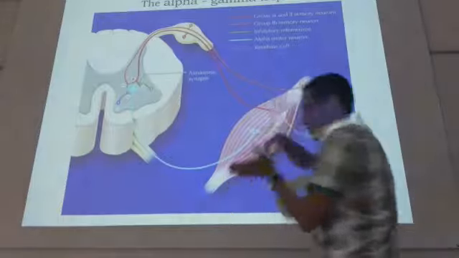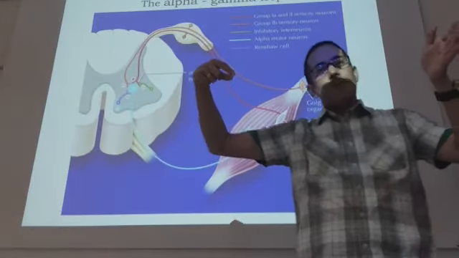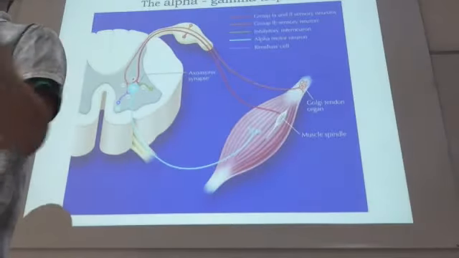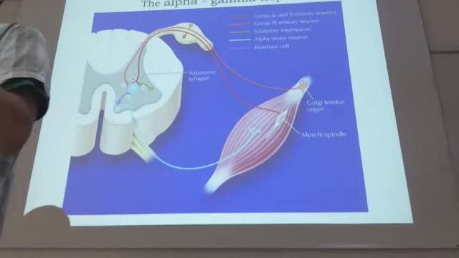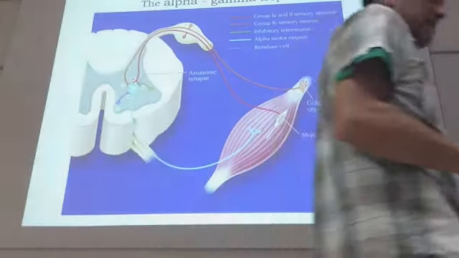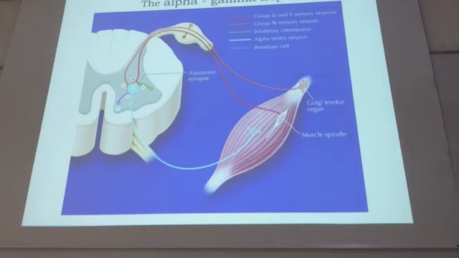So there's a spindle here, like a wire, or like a coil. As the muscle relaxes, it will contract to keep the tension on the spindle, so you can still know how much force there is, or what the condition of the muscle is.